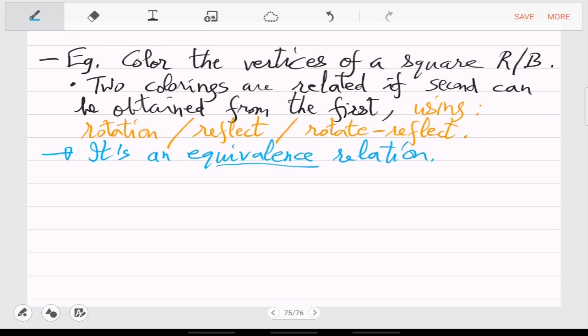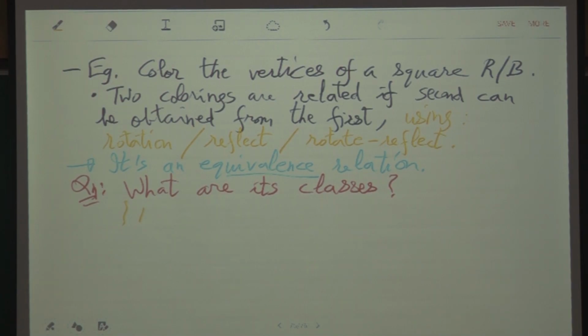Question is, what are the classes? So what do you think are the classes? One is, let's say, all red. You can color all the vertices red, then whatever you do, rotate or reflect, doesn't change it. So this is just one coloring.